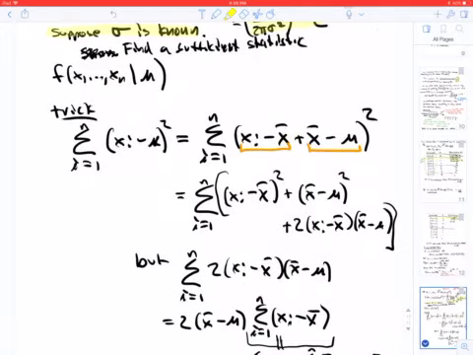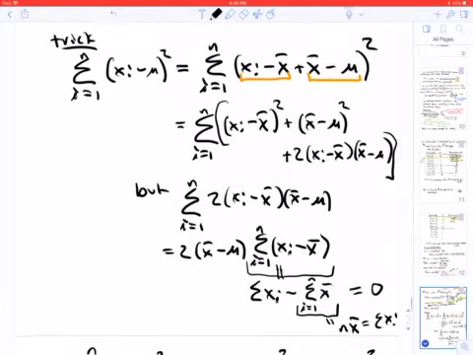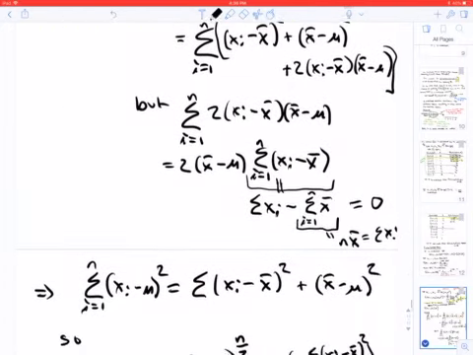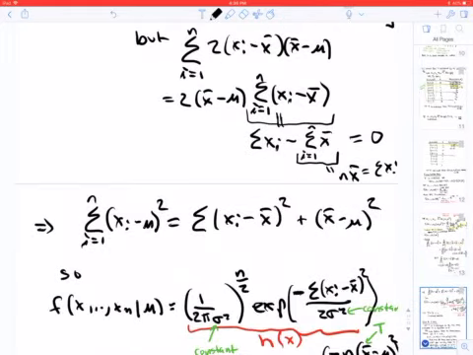So we're going to do a trick. We're going to write the xi minus mu squared in a tricky way here, do some FOIL action.